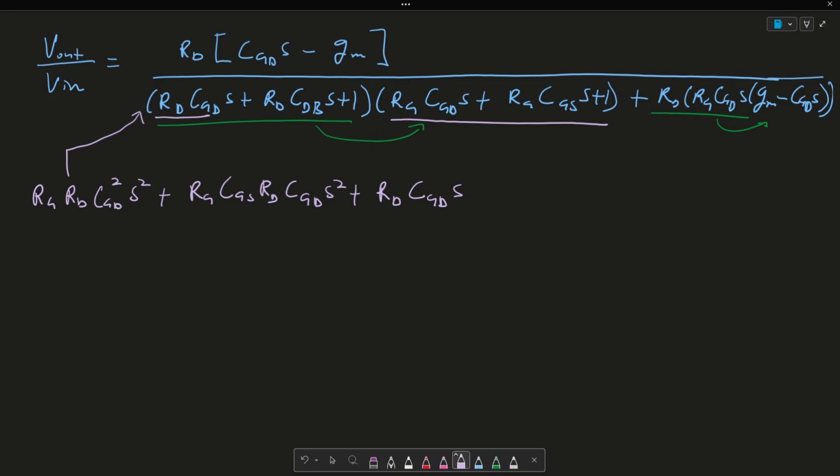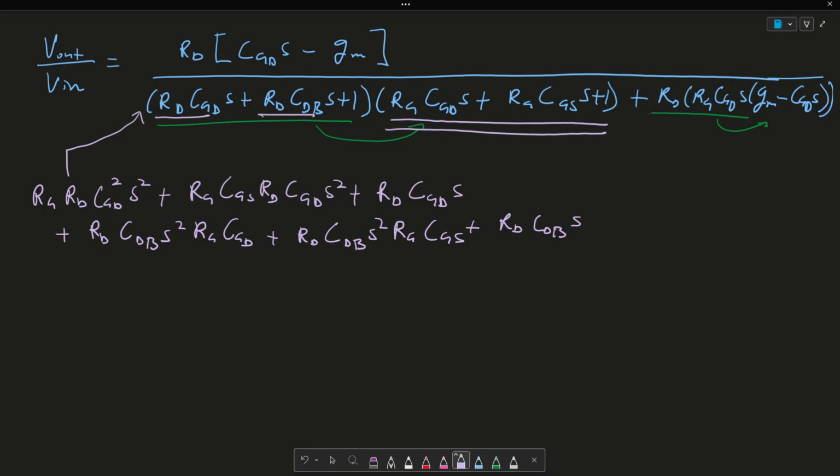And then I get plus RD times CDBS squared RG CGD plus RD times CDBS squared RG times CGS plus RD times CDBS, and that is this term times all three of these terms.